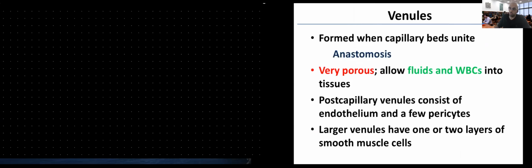Starting first with the venules, those are very similar in terms of structure to the capillaries. They consist primarily of endothelium and few pericytes. And as they move away from the capillary beds, they will become larger by gaining one or two layers of smooth muscles.